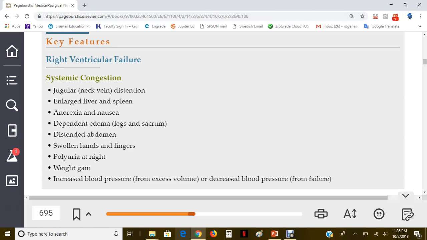So day to day, when they are not in acute decompensated heart failure, there will be increased blood pressure because there is increased blood volume. However, because they are still compensating, the blood pressure will still be high, meaning the patient is still able to compensate.